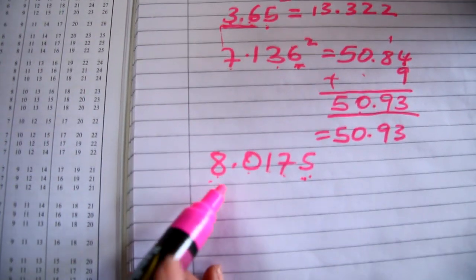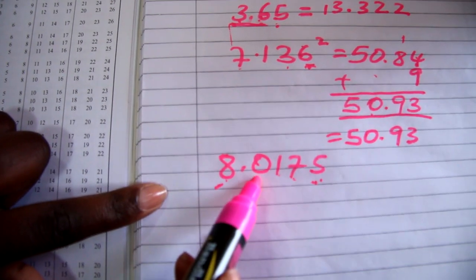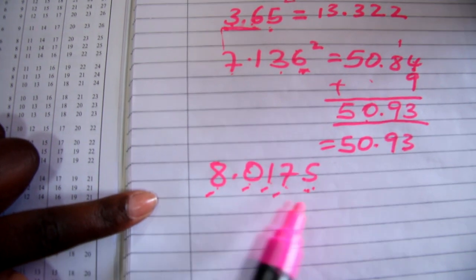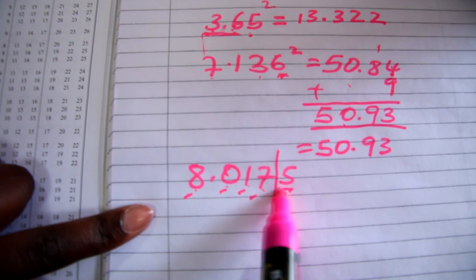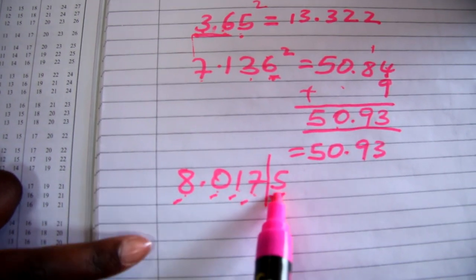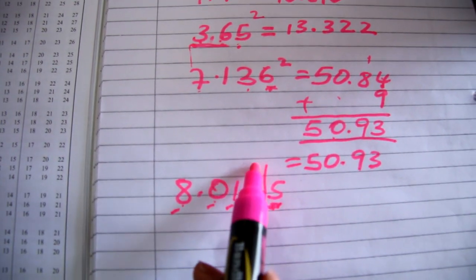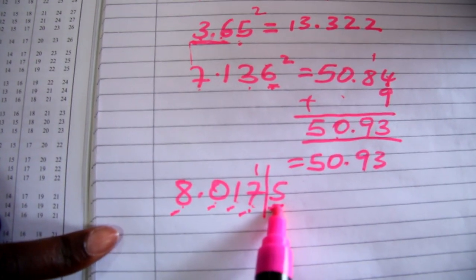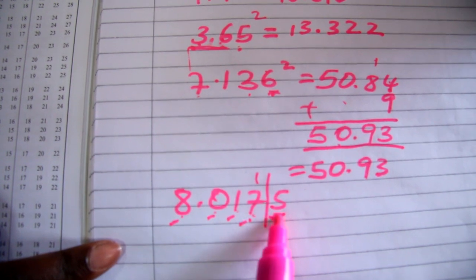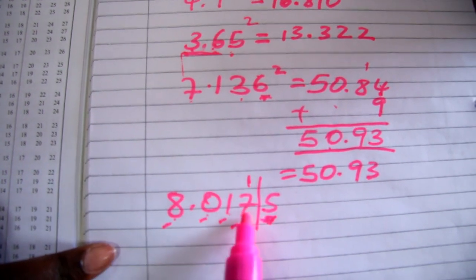So we start counting from 8, 1, 2, 3, 4, slash at that point, then check the next number. If it is 5 or more than 5, then we add 1 to the 7. If it is less than 5, then we just drop it. In this case, we have 5, so we have to add 1 to 7.